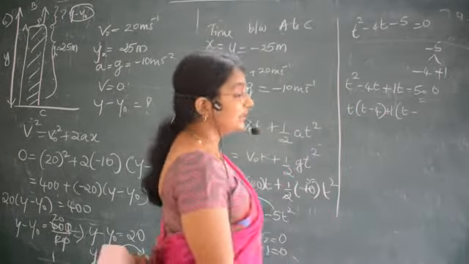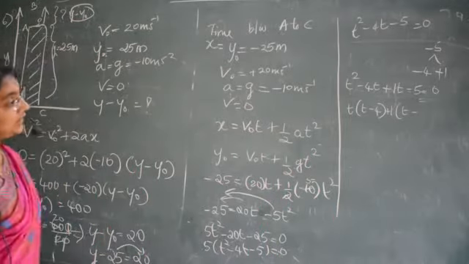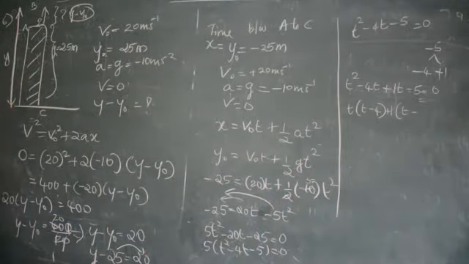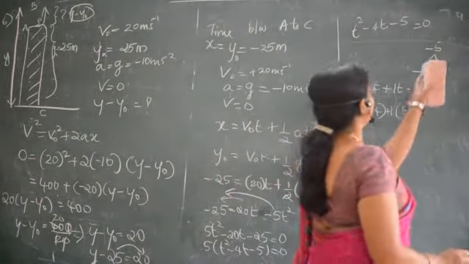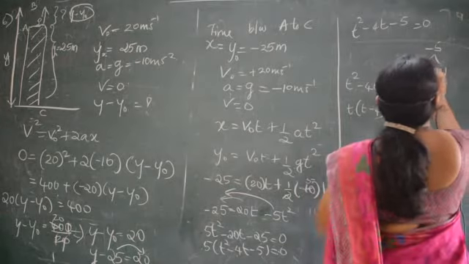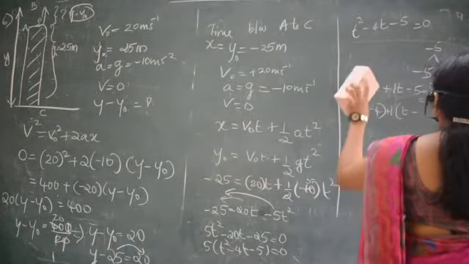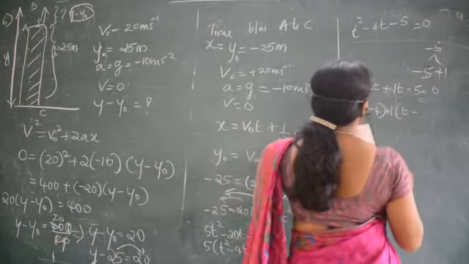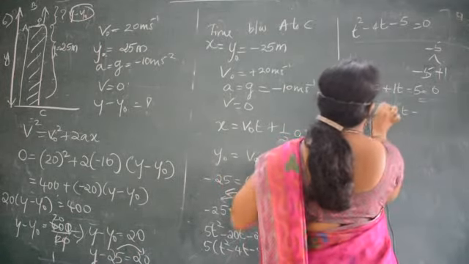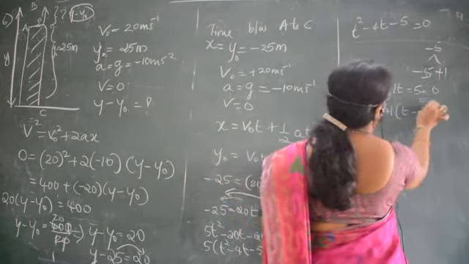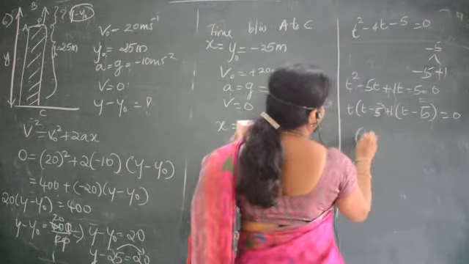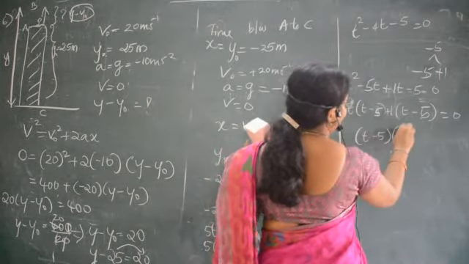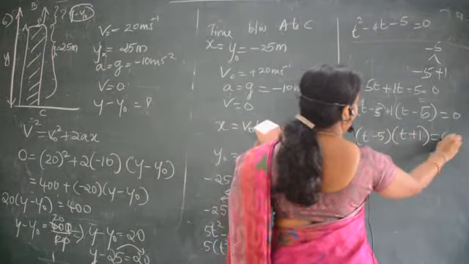Is there any mistake? I should not take this. I should take 5 ones are 5, correct. I'm sorry, minus 5t plus 1t. So I can write t minus 5 into t plus 1 is equal to 0.